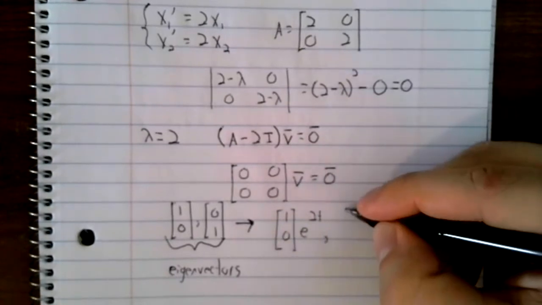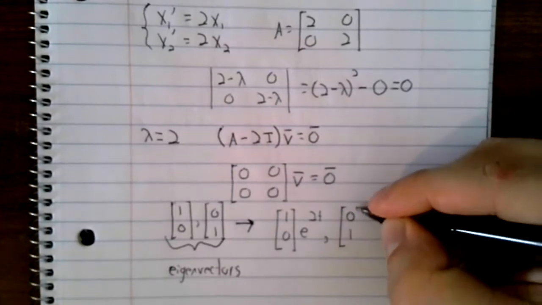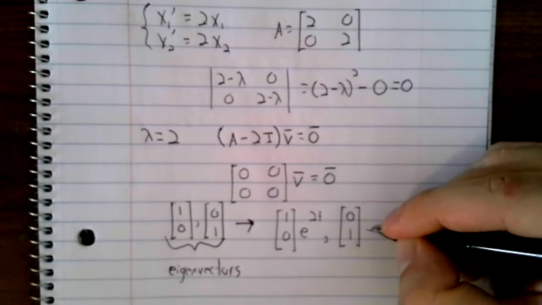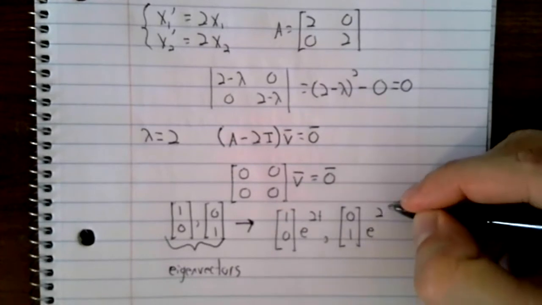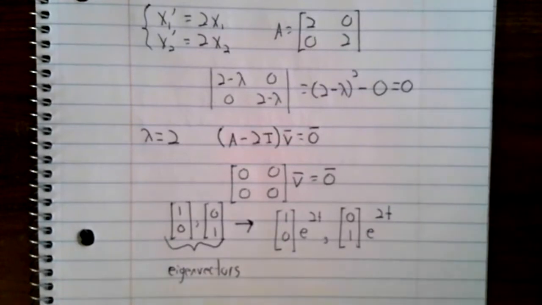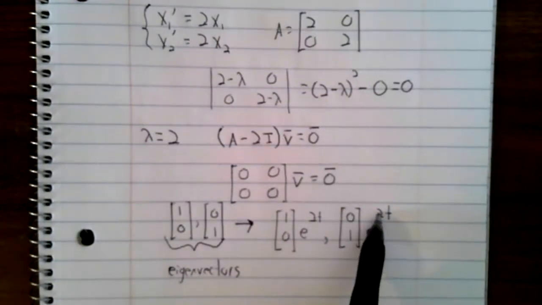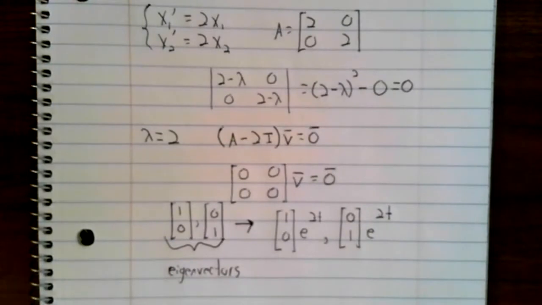These solutions are linearly independent, even though the eigenvalues are the same. So we can form a general solution.